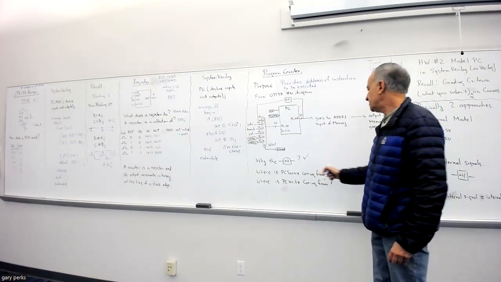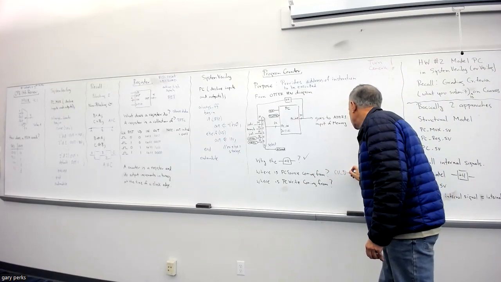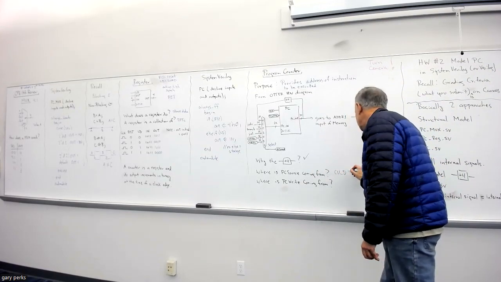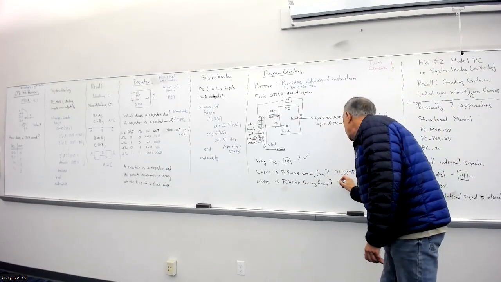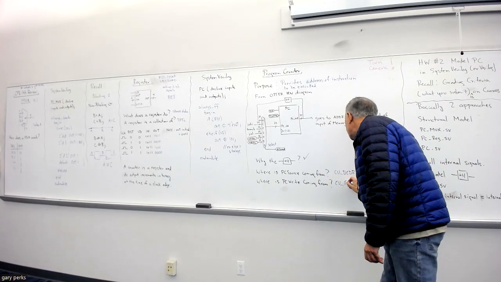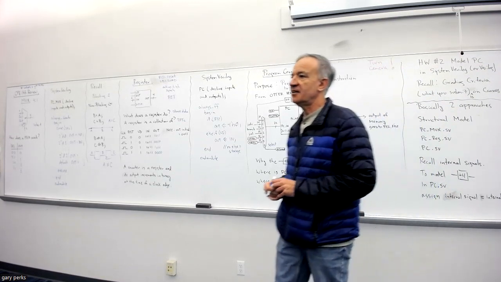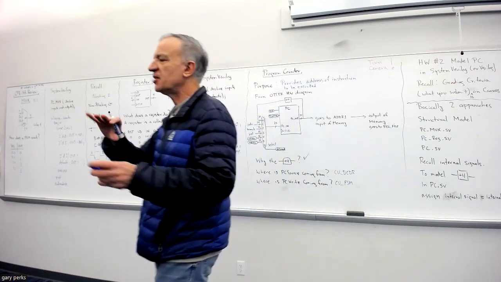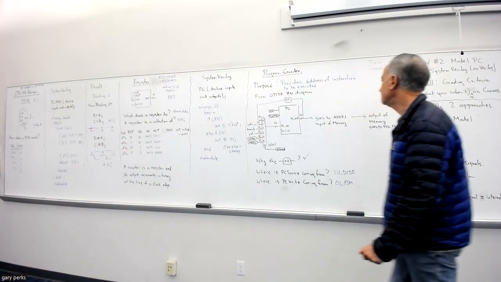So PC source is coming from the control unit decoder, and the PC read is coming from the control unit FSM. I just wanted you to know that now. As we go through the course, it will become more evident how it all ties in.